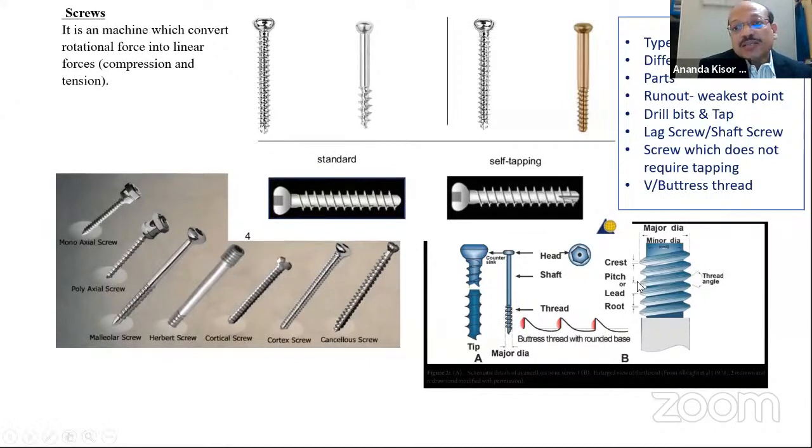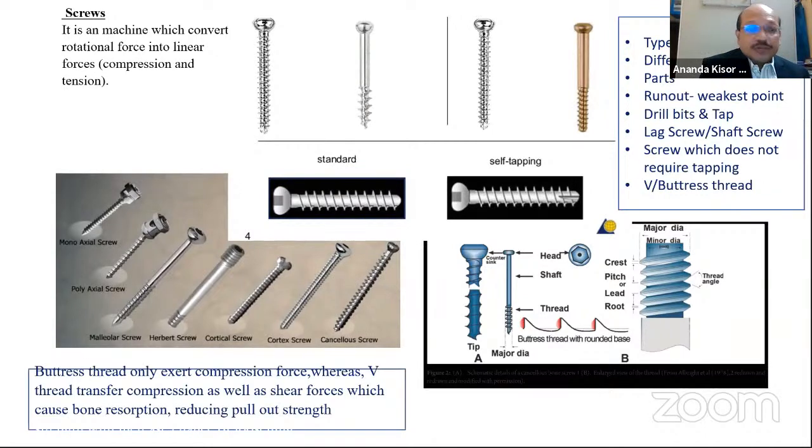This shear force is detrimental for the screw purchase, whereas the tensile force is most important. I'll come to how the tensile force is converted into compression force. Now, the buttress thread only exerts compression force, whereas the V thread transfers compression as well as shear force, which causes bone resorption, reducing the pull-out strength.